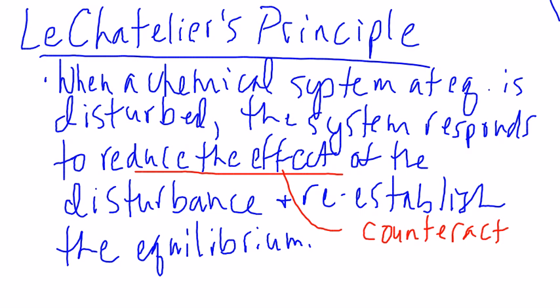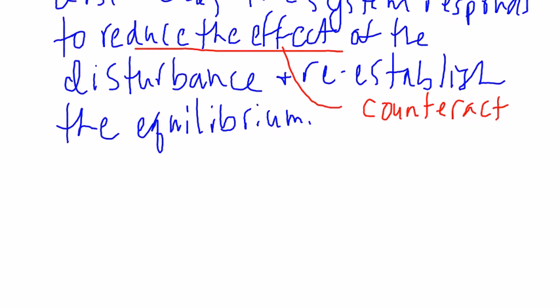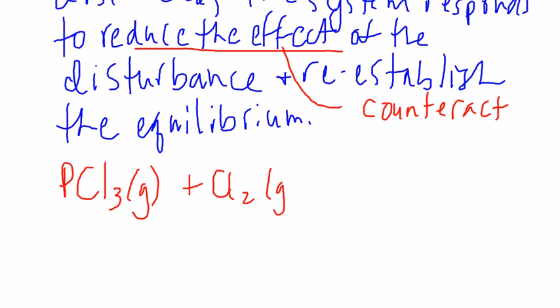So let's make that a little more real. Let's take the example of PCl3, phosphorus trichloride gas, reacting with chlorine gas to create phosphorus pentachloride, which is also a gas.